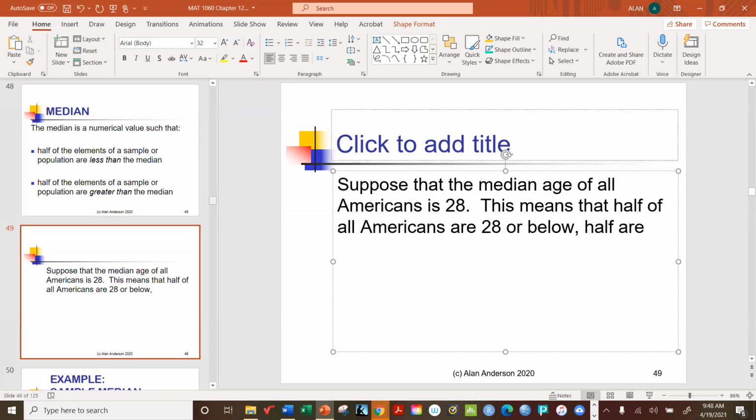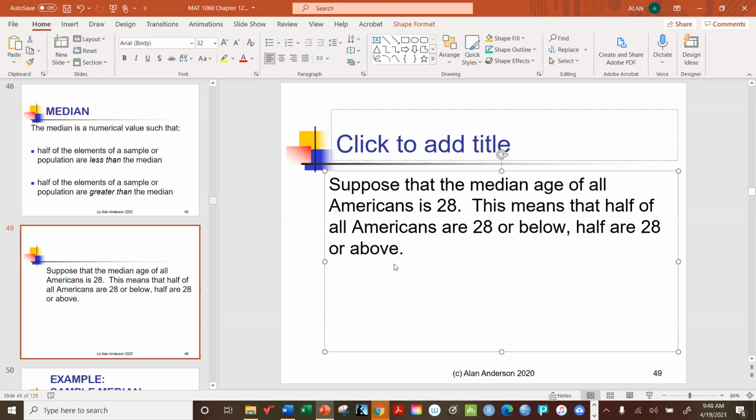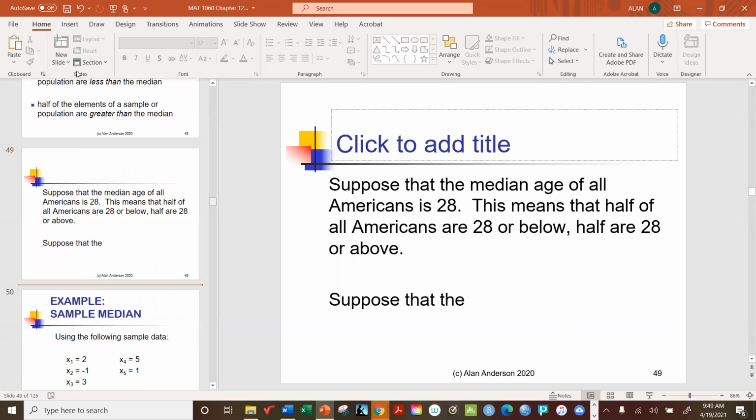Half are 28 or above. So it's the dividing line between the bottom, the youngest, and the oldest. It's the halfway mark. Suppose that the median score, I'll move this to another slide. There's no way I have enough room here.